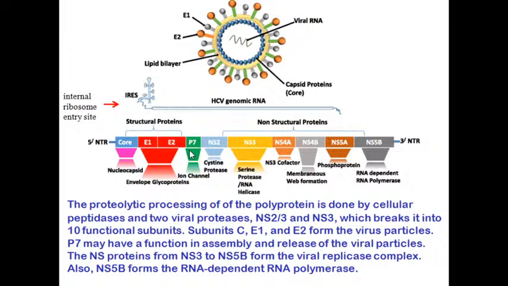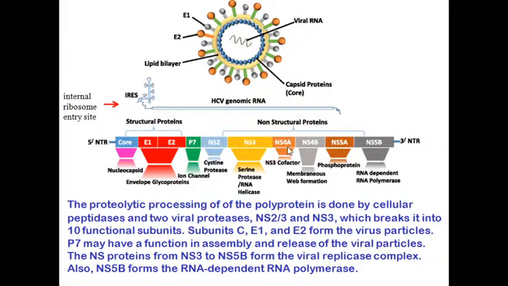It is important in maturation, assembly, and the release of the viral particles from the infected cell into the environment. The non-structural proteins from NS3 to NS5B form the viral replicase complex.